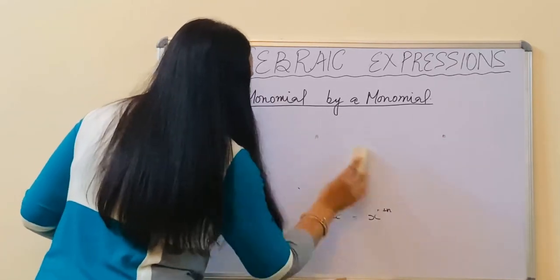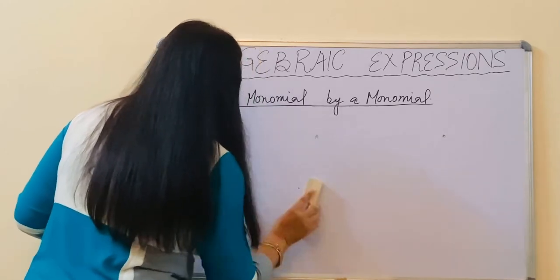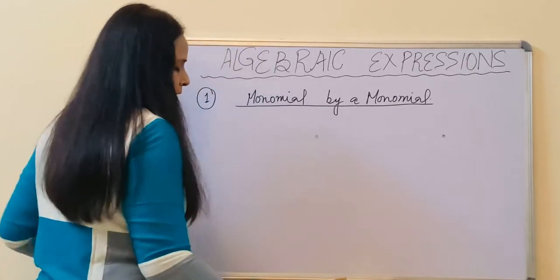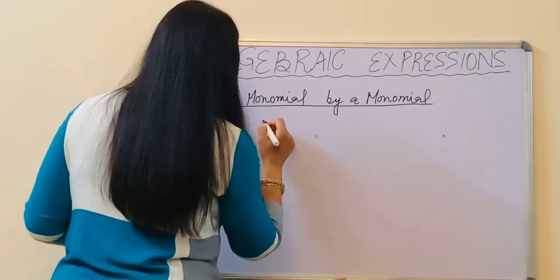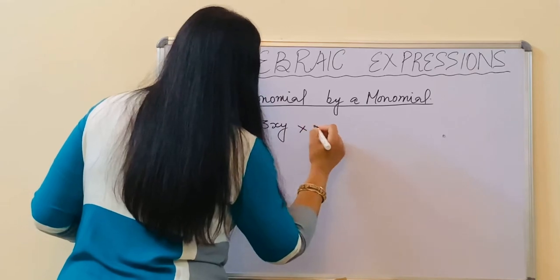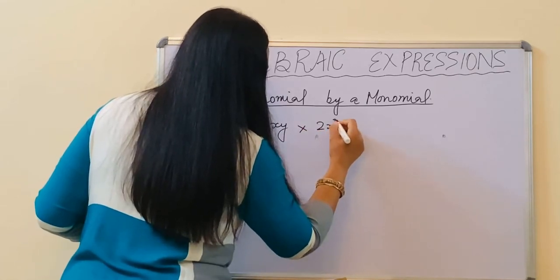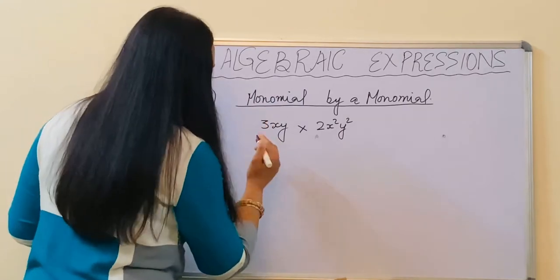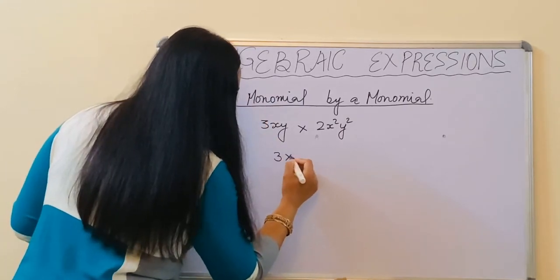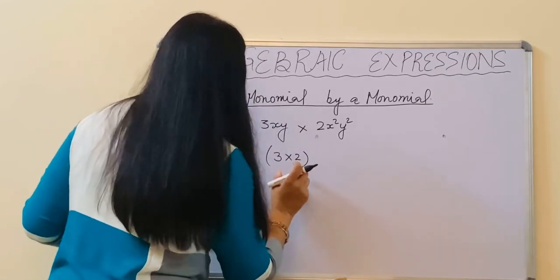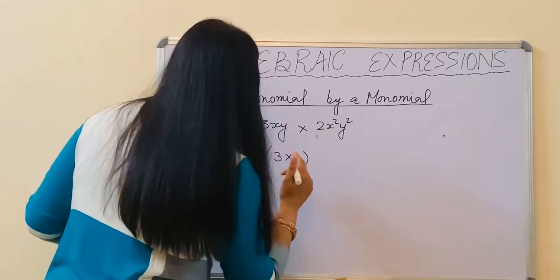Now I am multiplying a monomial with a monomial, meaning having only a single term in it. For example, I am writing 3xy multiplied by 2x square y square. So we'll proceed like this: 3 multiplied by 2, the numerical factors, with the literal factors.